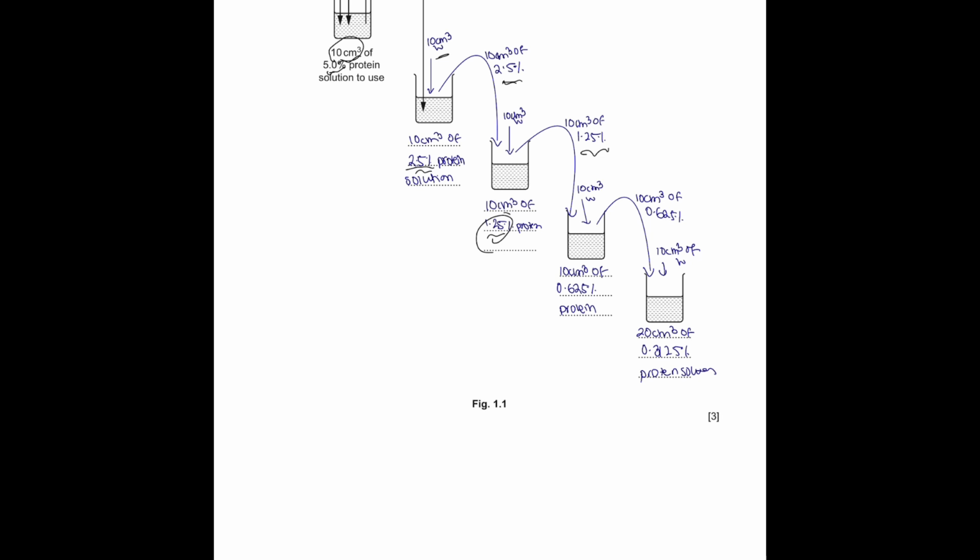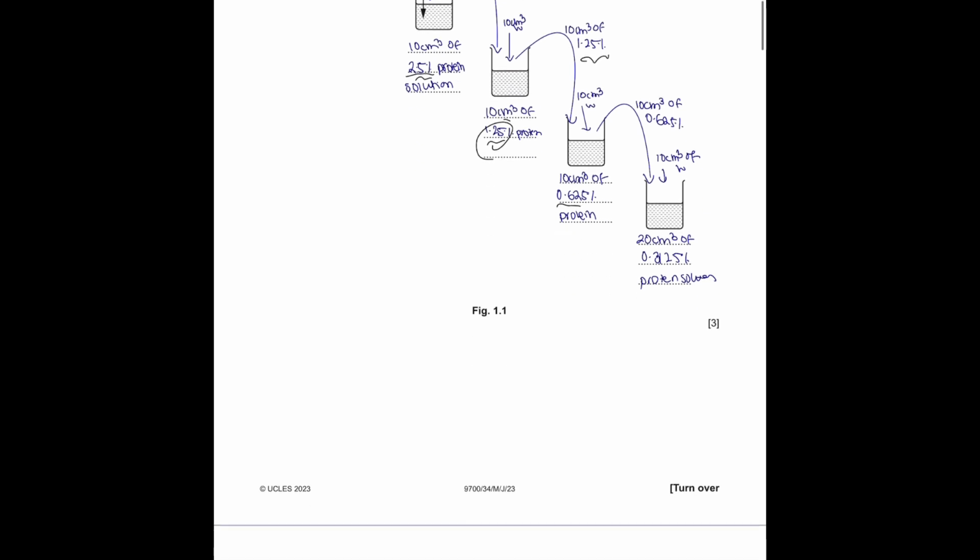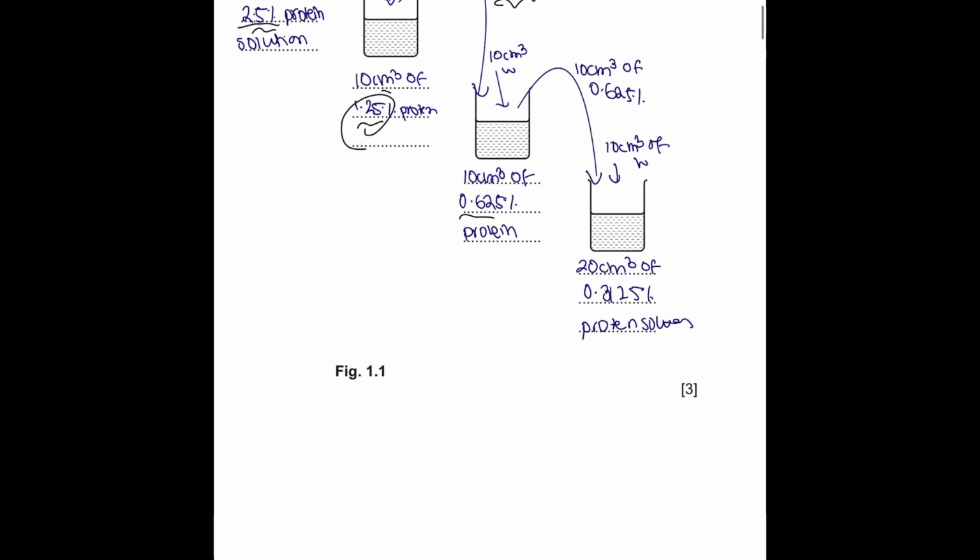So by that we got 10 cm³ of 0.625%. And we did the same to the last beaker, but in the last beaker we have 10 and 10, which will give us 20 cm³ of 0.3125. You can either leave it as 20 or make an arrow and say discard 10 cm³.